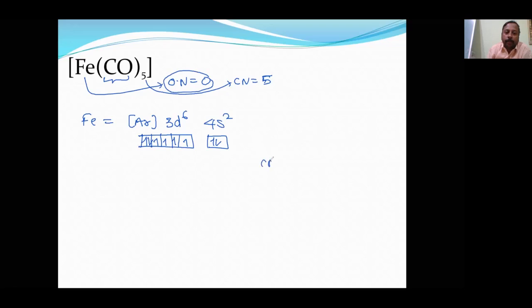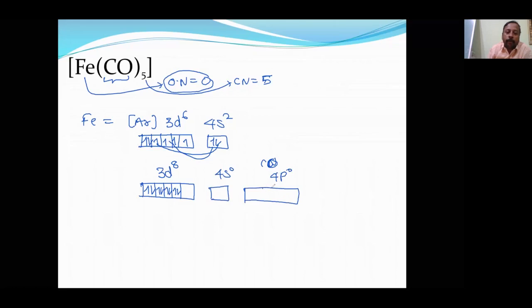But in the presence of carbon monoxide, pairing takes place. So 3d6 is going to become 3d8 now, with the 4s becoming 0. We will also be using 4p, which is also 0 now. So 4s0, 4p0.